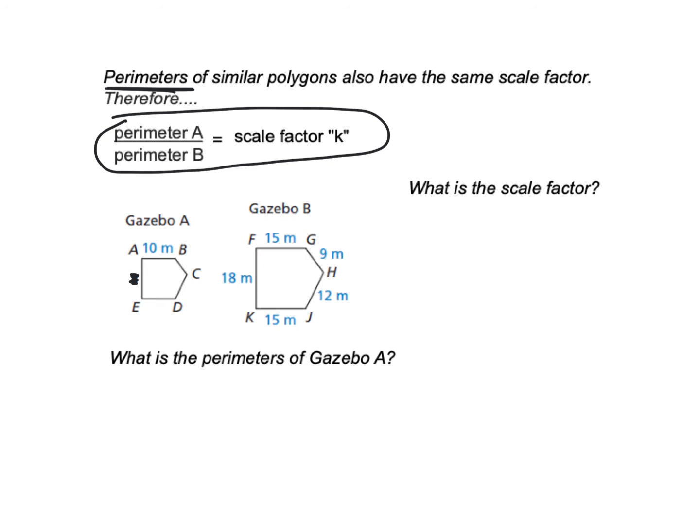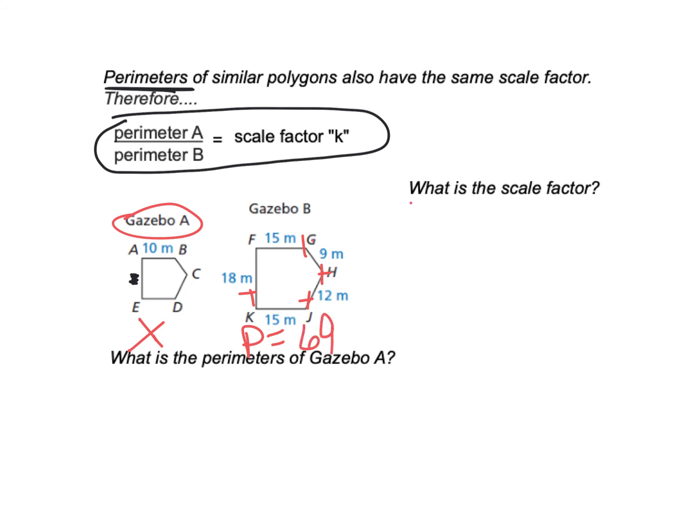So we are not able to find the perimeter of gazebo A. So we're going to call that x, okay? And we do know the perimeter of this one. If we add them up, what do we get? So the perimeter, if we add 15 plus 9 plus 12 plus 15 plus 18, we get 69, okay?